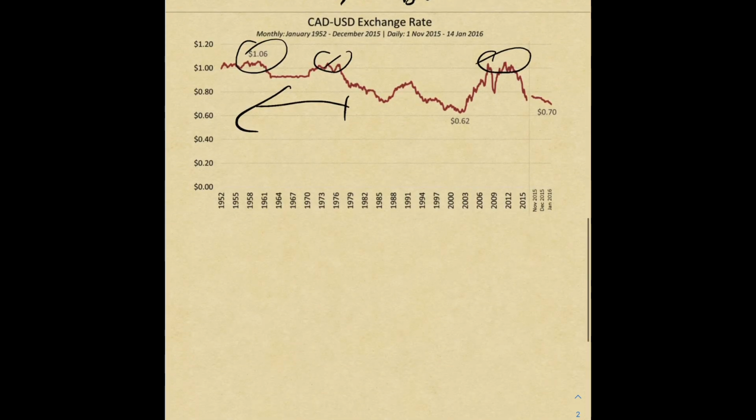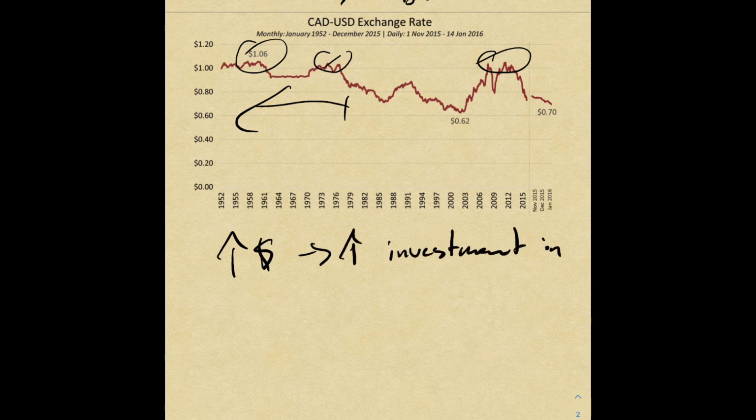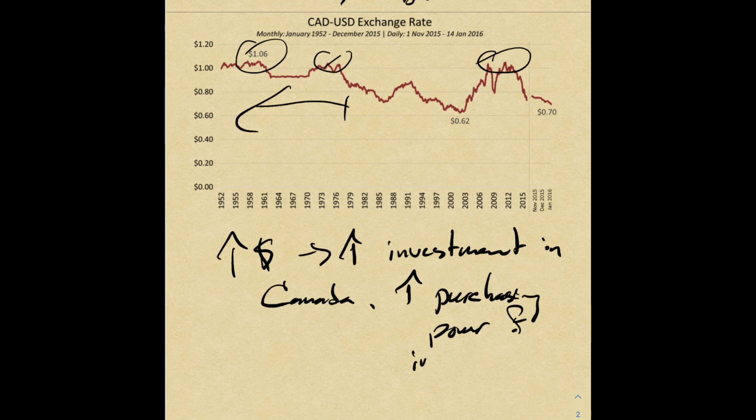So, a high dollar value leads to increased investment in Canada and an increased purchasing power of imports. So basically, if you have a high Canadian dollar, you can afford to buy more foreign goods. And people want to invest in the Canadian dollar. So those are the things.